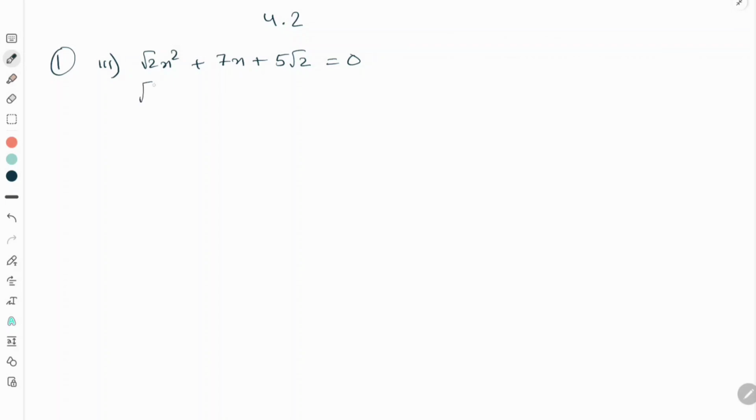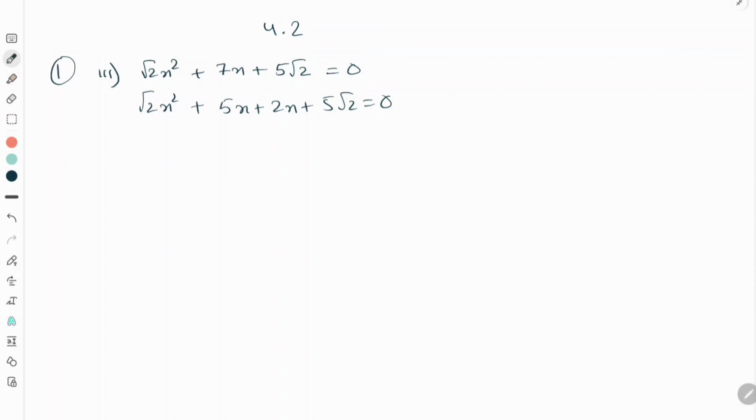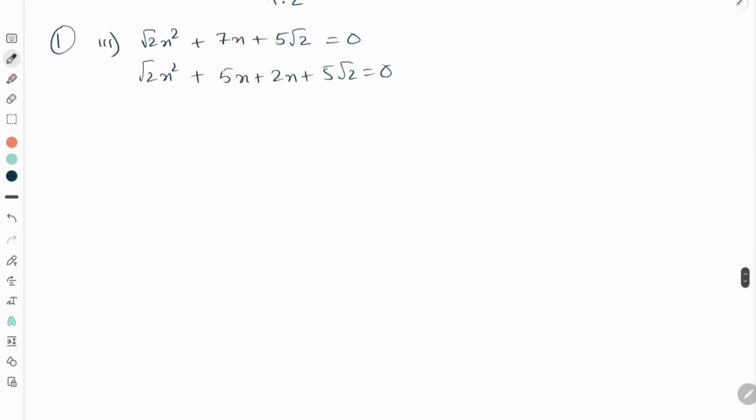In this equation we can break 7x into 5x + 2x, and then we can find the common terms between these two.